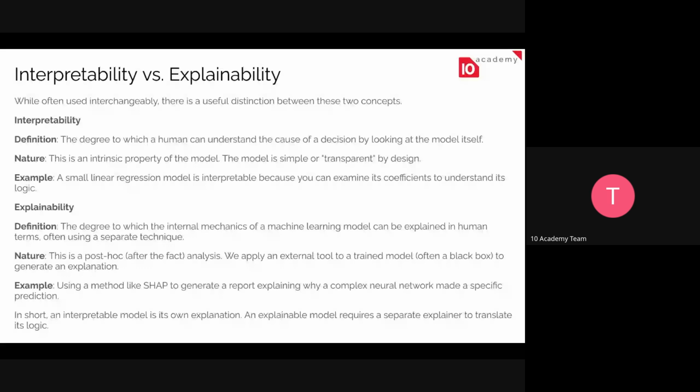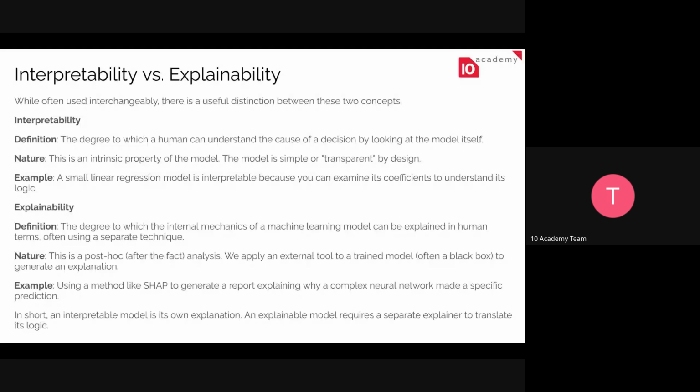Of course, sometimes we may use them interchangeably with one another, but there is a very useful distinction between these two. Interpretability is the degree to which a human can understand the cause of a decision by looking at the model itself. They do not need to go anywhere else, but can see the model and understand why a certain decision has been made.